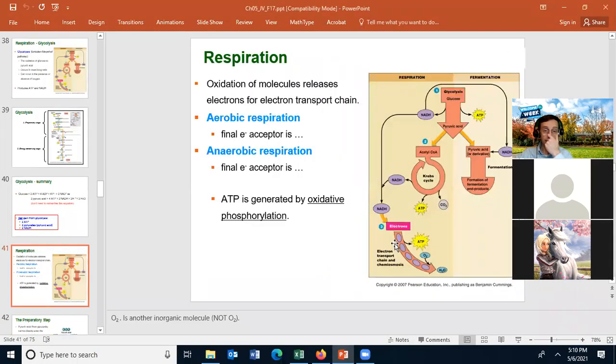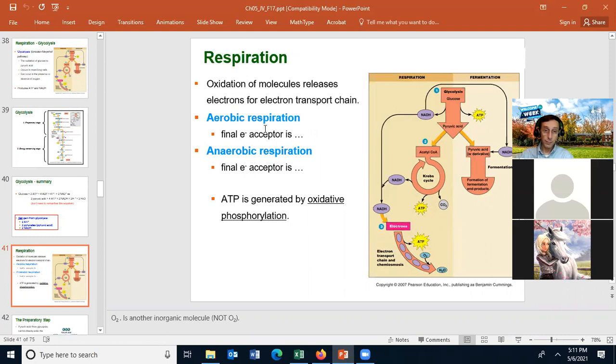All right, let's take a step back and take a look at the big picture. We're talking about aerobic respiration, but you do need to understand there's also anaerobic respiration. Respiration is the oxidation of molecules to release electrons, which are then given to the electron transport chain, and we'll talk more about that later. In the electron transport chain, that's where the majority of ATP is made in respiration.